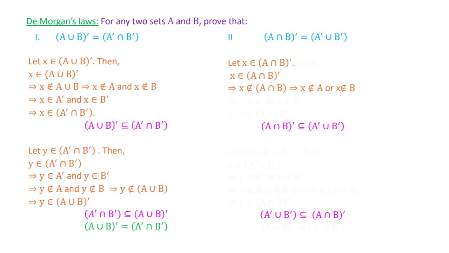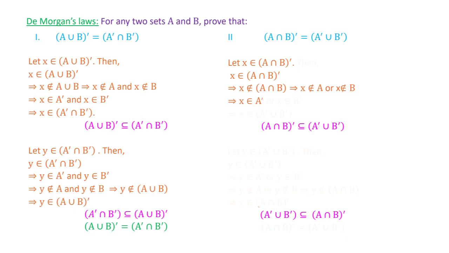Now we can write it as X belongs to A complement, because look at this term over here, we are saying X does not belong to A. It means that X belongs to A complement.